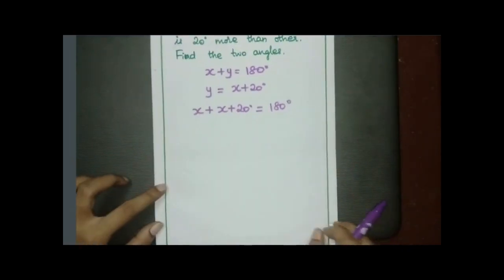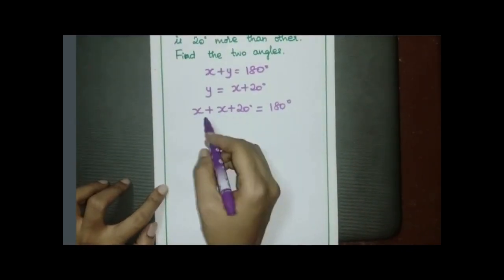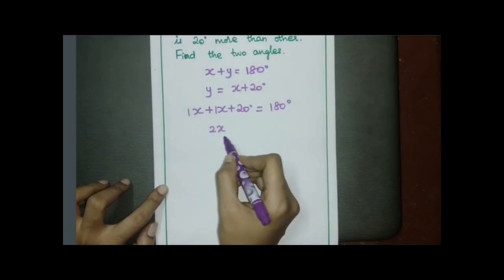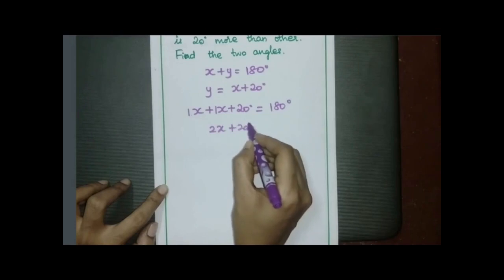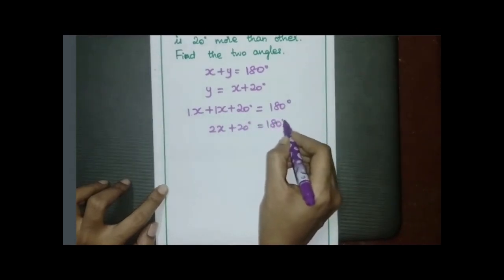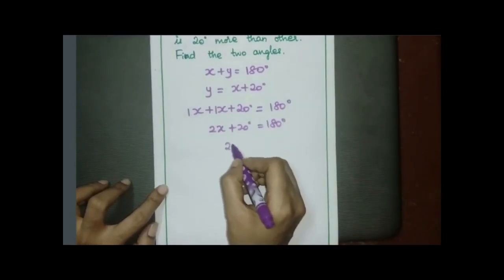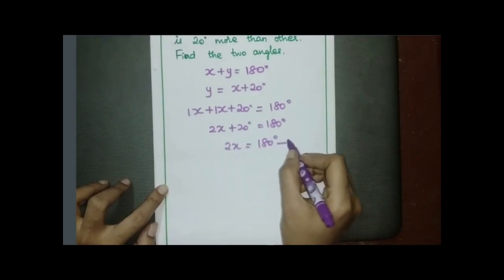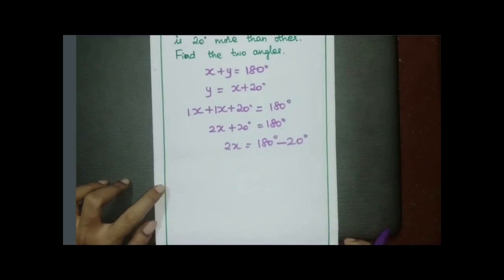So totally how many x are there? 1x plus 1x I will get 2x plus 20 degree equal to 180 degree. So 2x equal to 180 degree minus 20 degree.